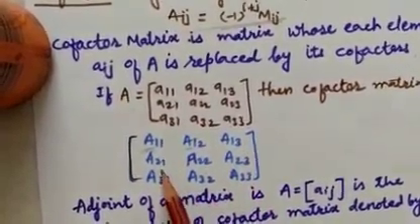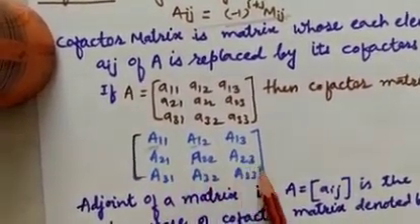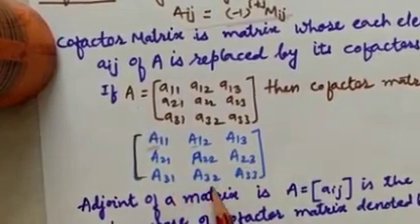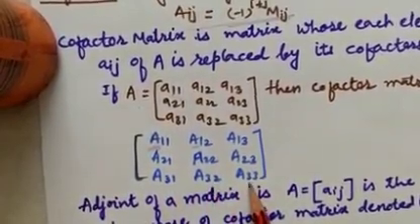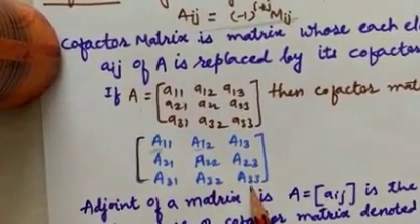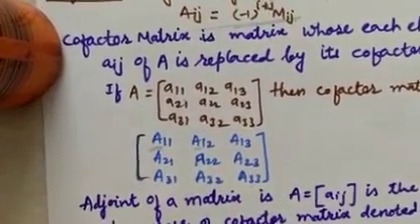The positions are the same, A21, A22, A23 and A31, A32, A33. So these are the elements.